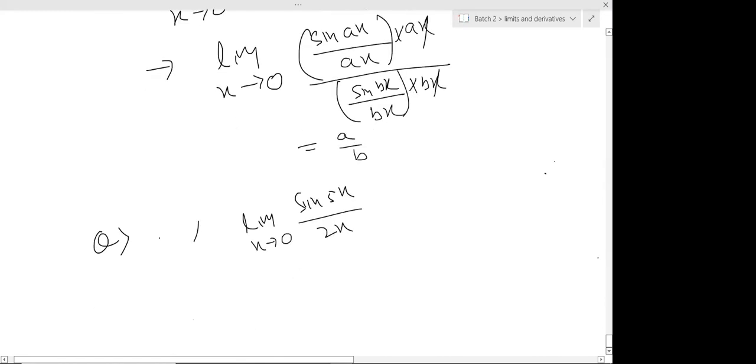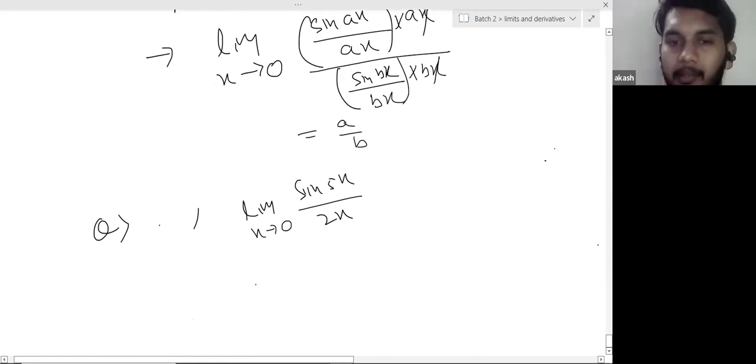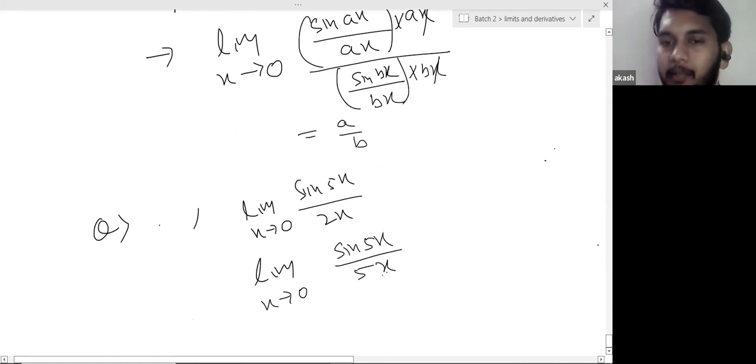See, forget everything. Just look at this. If you have to use the formula, then you need 5x here. So I divided by 5x. Because I divided by 5x, I have to multiply by 5x also, right? And we had 2x in the division in the question itself.